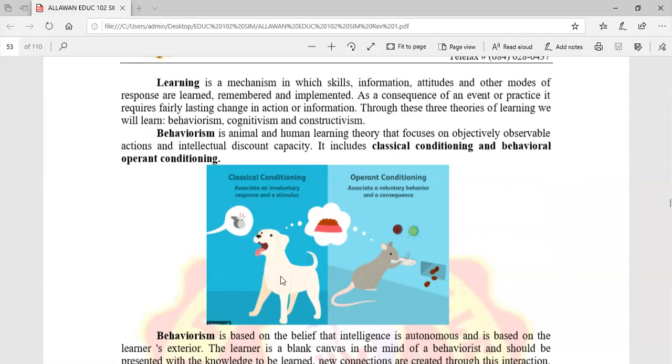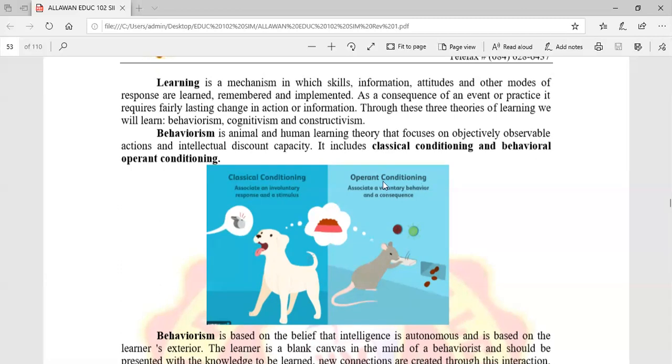For example, this dog associates an involuntary response when it sees its owner, thinking about its food, so it follows the owner. For example, if it hears this whistle, that means there is a stimulus for this dog.